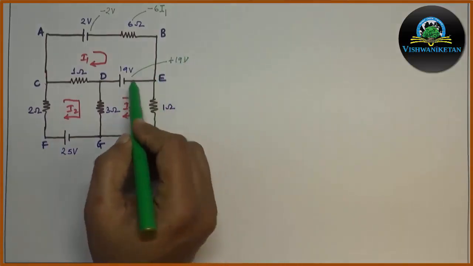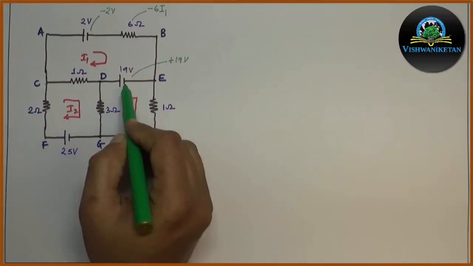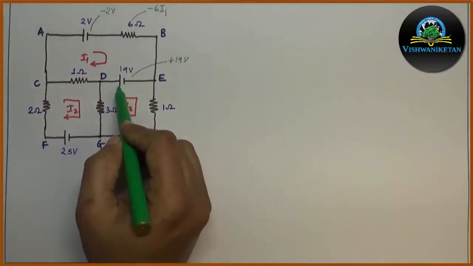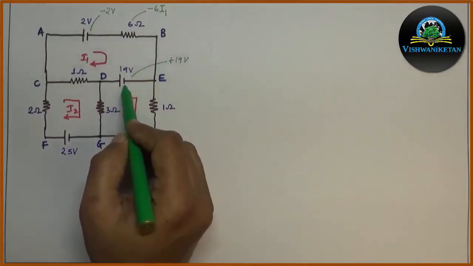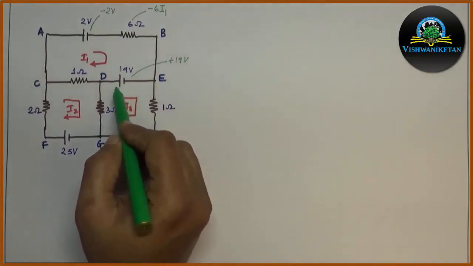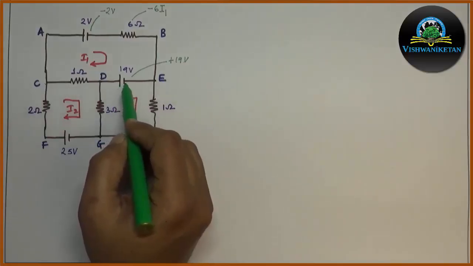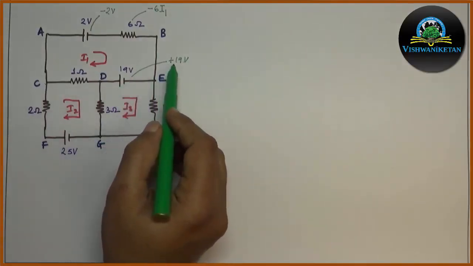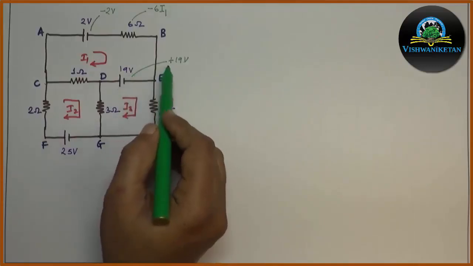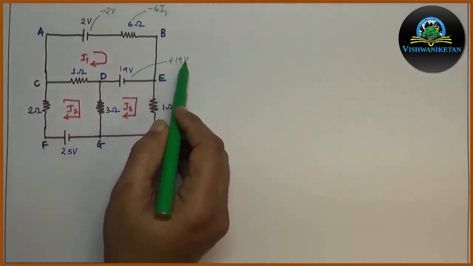Moving from E to D, the first terminal of the 19 volt is negative and the second terminal is positive. So this is an increase in voltage, that is from negative to positive. Hence, as per sign convention of KVL, we will write 19 volt in the equation as plus 19 volt.